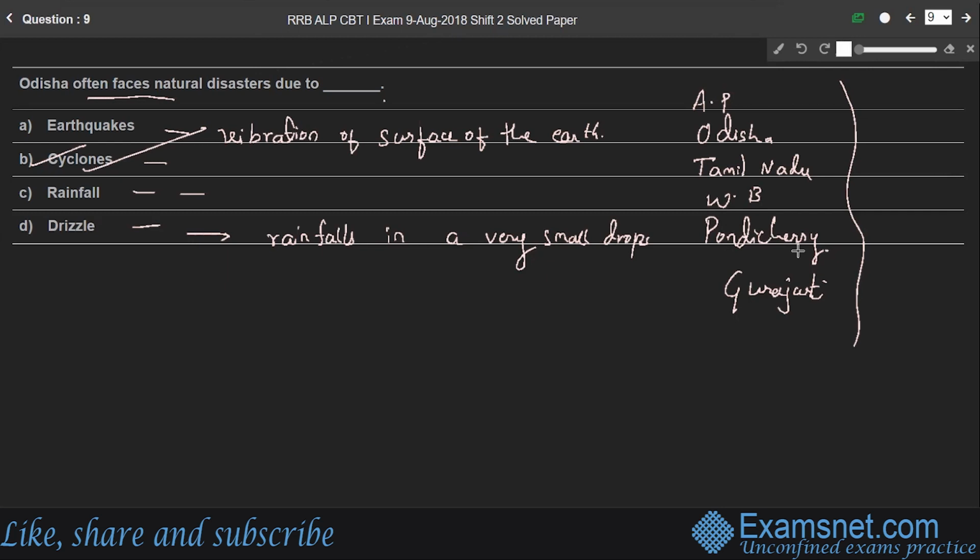Therefore, Odisha often faces natural disasters due to cyclones. Option B is the right answer. What exactly is a cyclone? It's a large system of winds that rotate anti-clockwise in the northern hemisphere around a low pressure center.